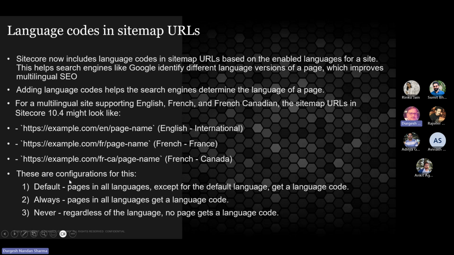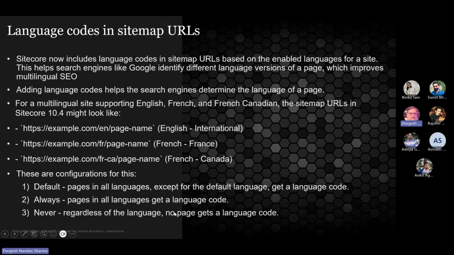So there can be three types of configuration. One is default, meaning our first default language. If we use English as the default language for the site, then except for English, all the other languages will be added in the URL. Always means it will always add the language in the URL, whether default or not default.